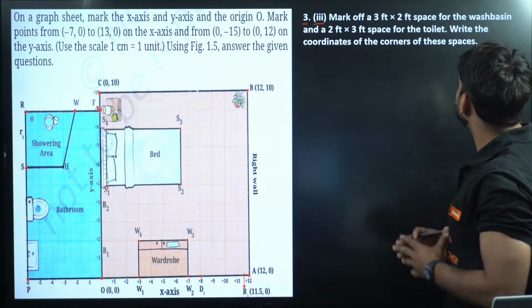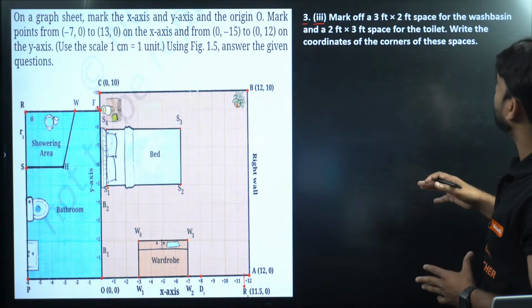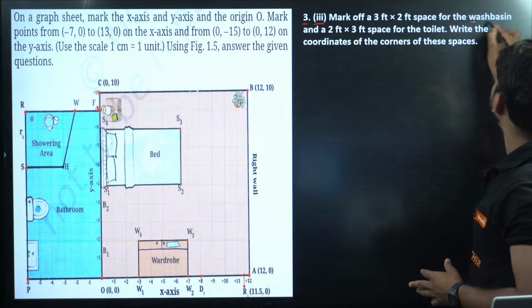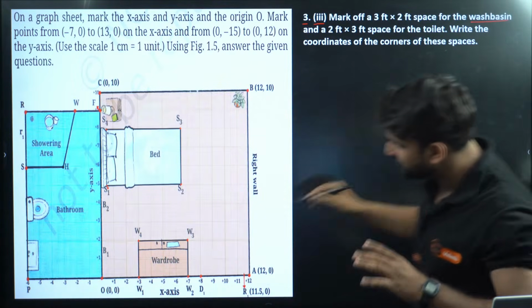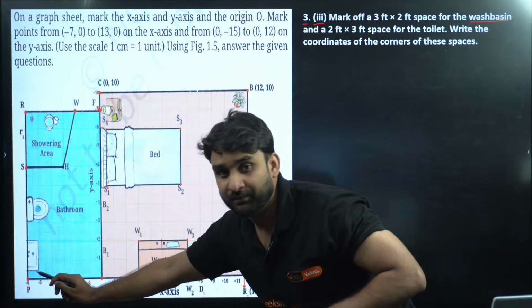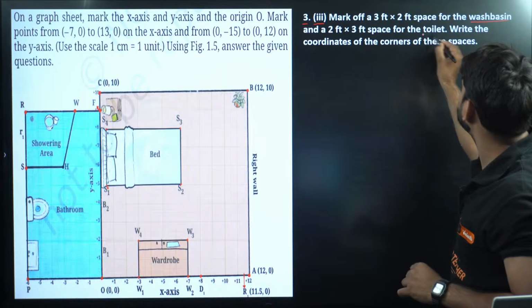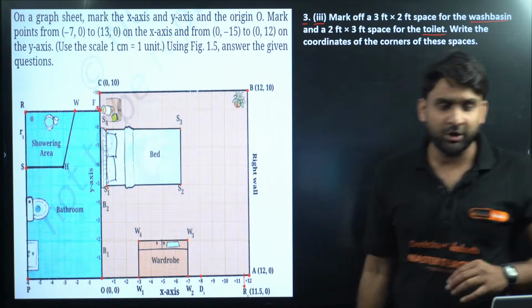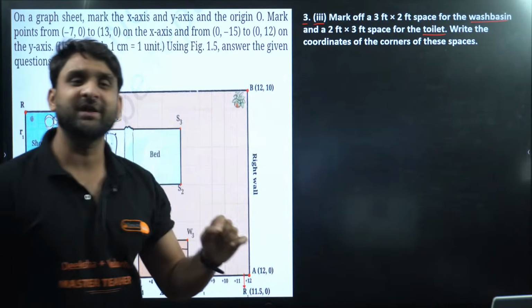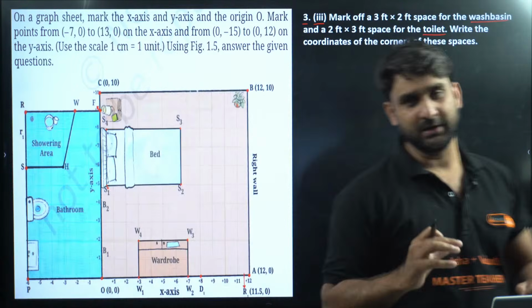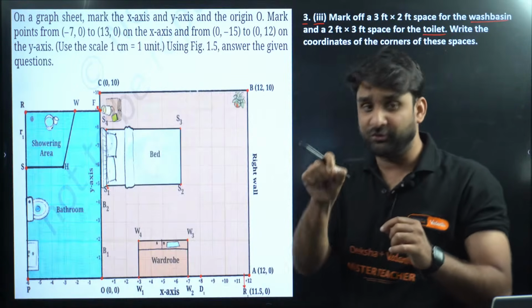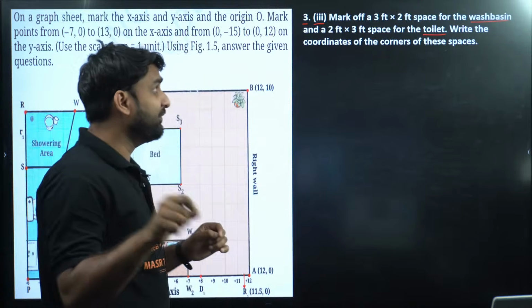In this question we are talking about the first area, the wash basin. This is the wash basin here. Please focus. The other area is the toilet. So we are talking about two areas, wash basin area and toilet area, and we have to write the coordinates of that area.